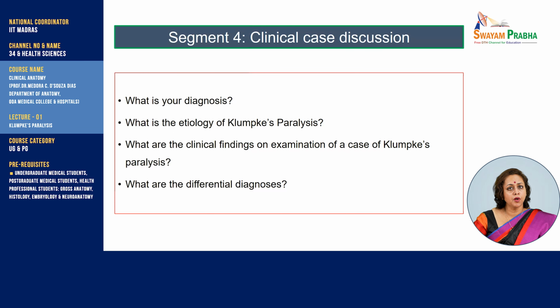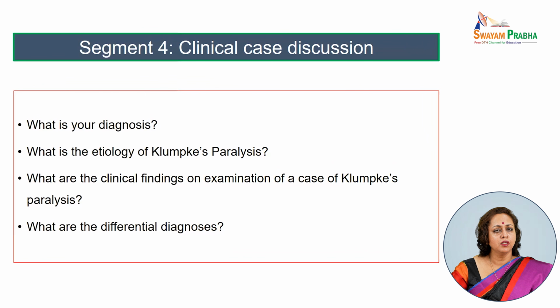Then we also spoke about the ulnar type of claw hand, which is because of an injury of the ulnar nerve at the region below the elbow joint, like cubital tunnel syndrome, where only the ulnar nerve is affected. So only the medial 2 digits have hyperextension at the metacarpophalangeal joint and total flexion at the interphalangeal joints, but only the medial 2 digits. The other 3 digits, thumb, index and middle, are unaffected.